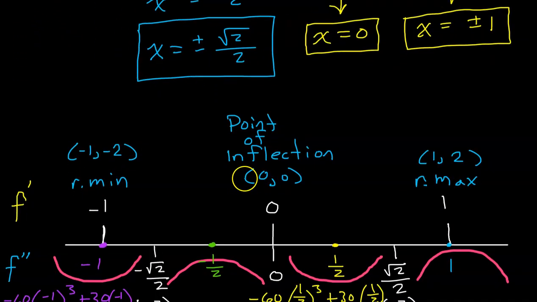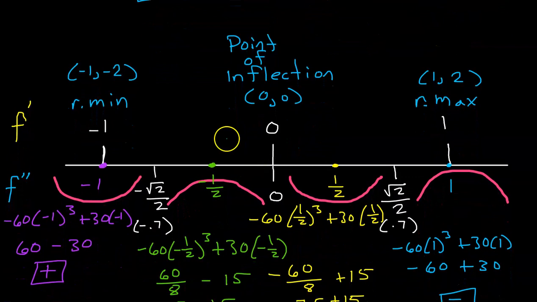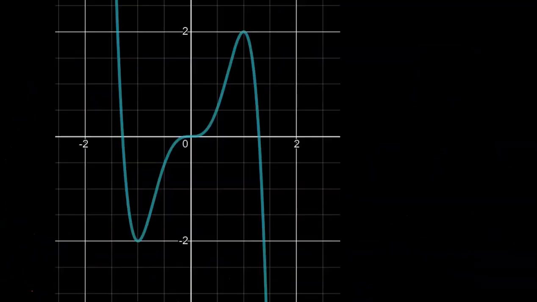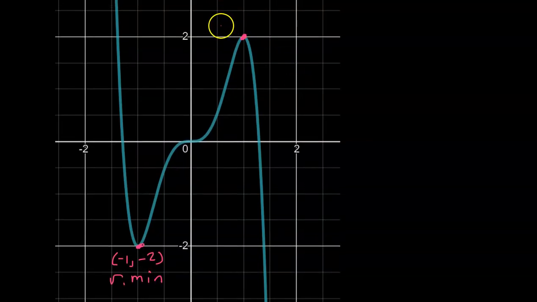So before we end the video, as I love to do, let's take a quick peek at the actual graph and see how it compares to all of the predictions that we just made. So we can see that as predicted, we have a relative min right here at negative 1 comma negative 2. And we have the relative max that we found right here at 1 comma 2.